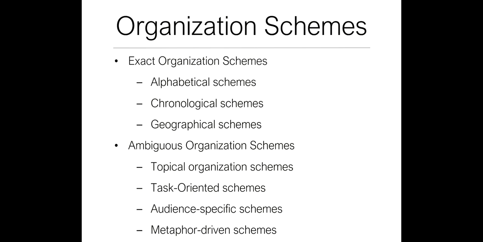Now, there are many different types of organizational schemes out there. There are exact organizational schemes. And this would include things like alphabetic schemes, chronological schemes, and geographic schemes. And then there are more ambiguous organization schemes, such as topical organization schemes, task-oriented schemes, audience-specific schemes, and metaphor-driven schemes. And note that these are schemes, basically specific and generally well-understood ways of organizing information.